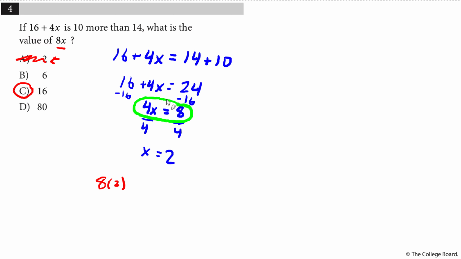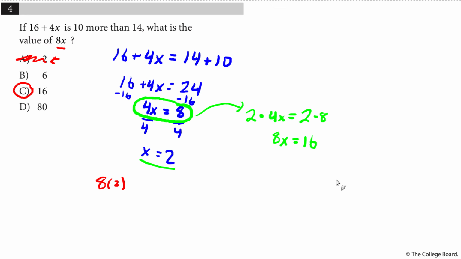If I keep in mind that I'm not actually trying to find what x is, I'm trying to find what 8x is, I could take this information and just say, okay, if 4x is 8, then 2 times 4x, because I want 8x, should be 2 times 8. And I can get straight to 8x equals 16 without getting the unique value for x.